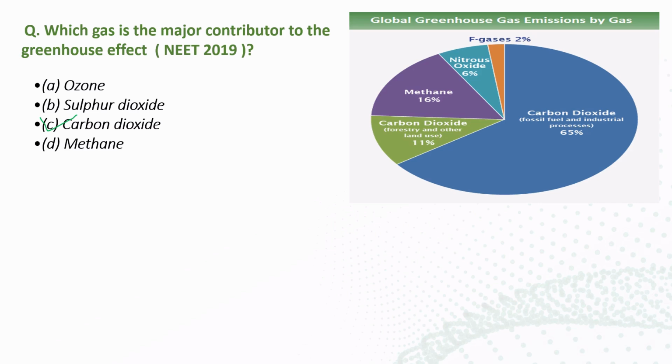Carbon dioxide is also produced when deforestation is done, because carbon dioxide is released from the plants themselves. Another source is industrial processes, through which more carbon dioxide is released into the atmosphere. That's why carbon dioxide is the main compound which causes the greenhouse effect. So the correct answer here is option C. We'll move on to the next one.